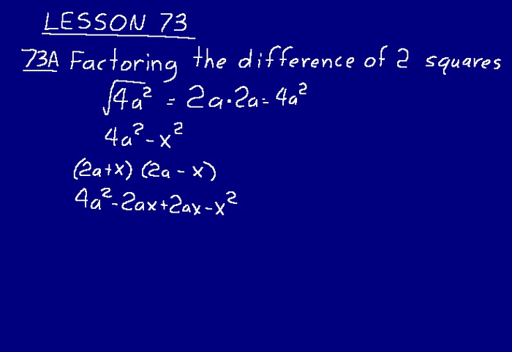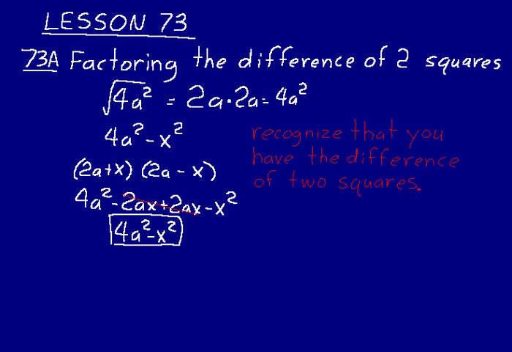So do you see those two terms in the middle? They are like terms, but the coefficients are opposites of each other. So those would cancel, and we would get back to that original expression, 4a squared minus x squared, the difference of two squares. So the key to doing these problems is really just recognizing that you have the difference of two squares.